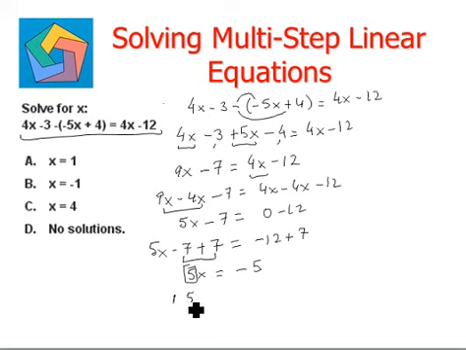So 5x divided by 5 equals negative 5 divided by 5. This cancels out to become 1. This cancels out to become negative 1. So x equals negative 1 is the final answer and can be seen in option B.